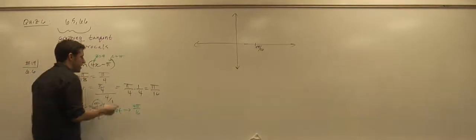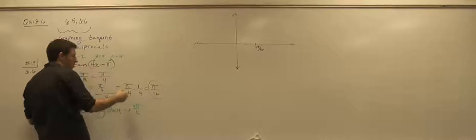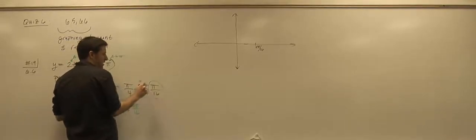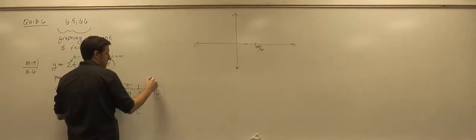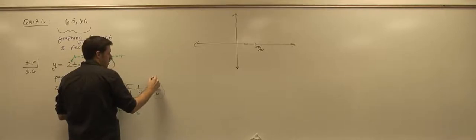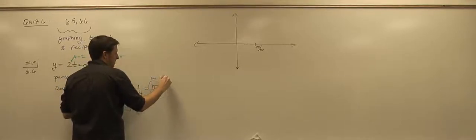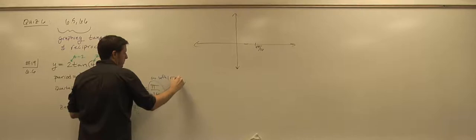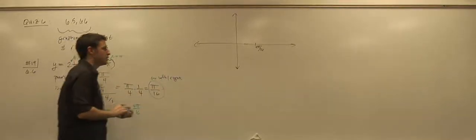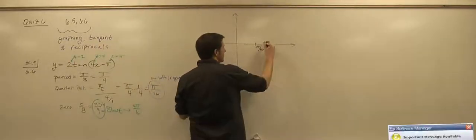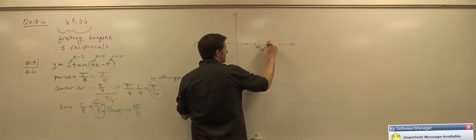Okay, so this is where I start, and this tells me to go left and right this many units on the x-axis. These will give me my important x values. If I go pi over 16 to the right, I'll be at 5 pi over 16.